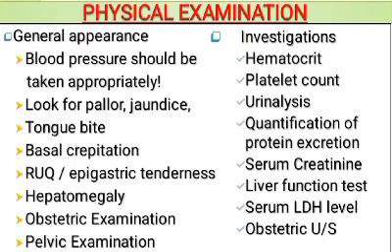Look for pallor, jaundice, tongue bite, basal crepitation, RUQ or epigastric tenderness, hepatomegaly, obstetric examination, pelvic examination, edema, DTR. Investigation: hematocrit, platelet count, urine analysis, quantification of protein excretion, serum creatinine, liver function test, serum LDH level, obstetric U/S.